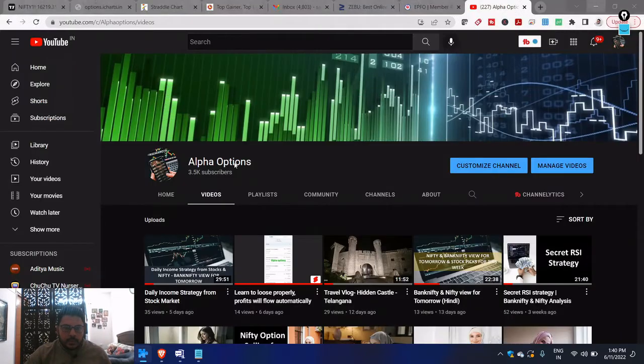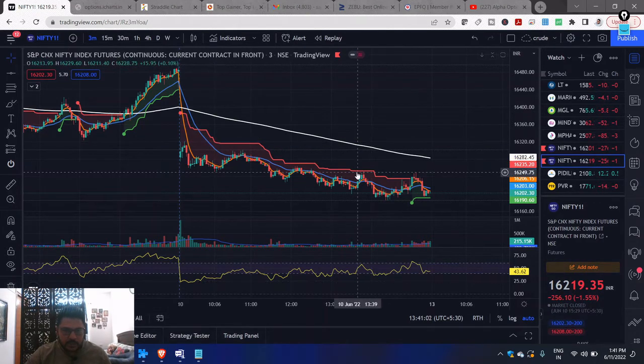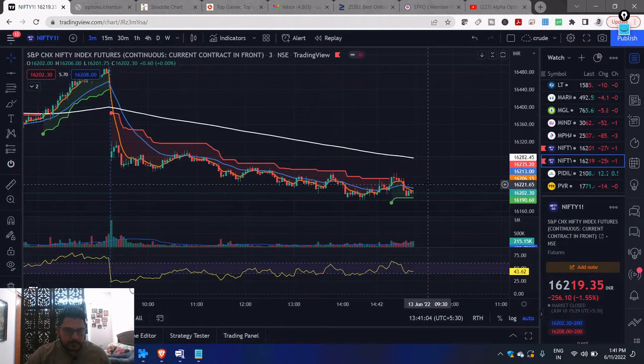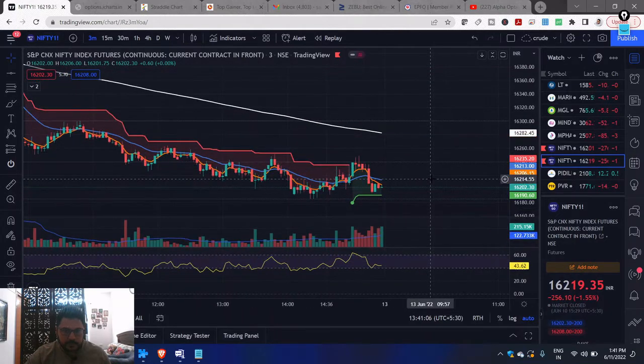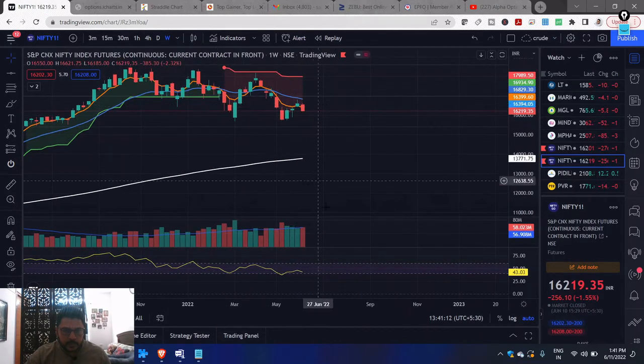Now let's go to Bank Nifty and Nifty. Let's remove all the tools and just focus on price action, what's happening with our setup. Let's go to the weekly chart. On the weekly chart, RSI is at about 45, which is on the lower side, but it has not broken below 40, so there is still room for it to go down.